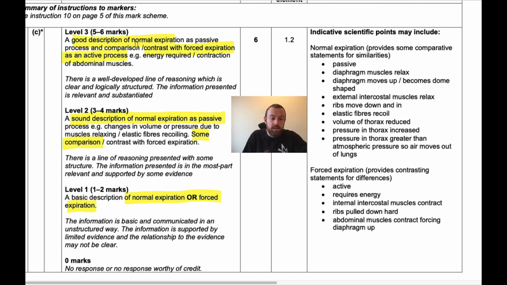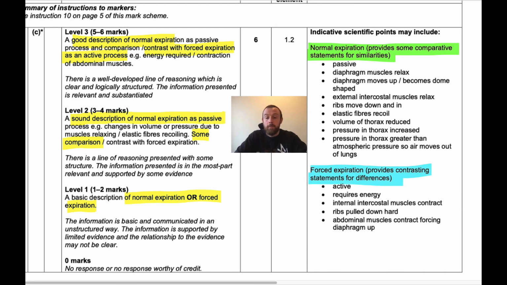You have to really go for the command word of the question, which is compare and contrast. So the scientific points are over here, which we've talked about. This is normal expiration or tidal volume. And then this down here is the forced expiration, which is about when you're really pushing out.